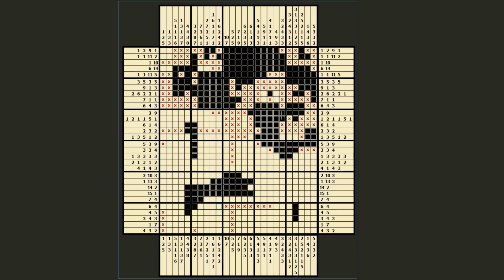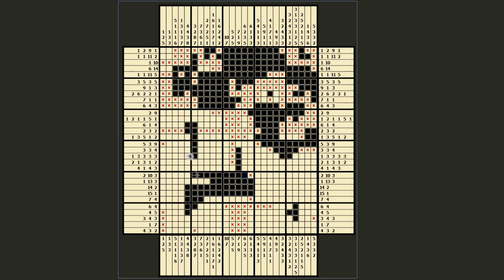I think. I'm not really sure what to do with it right now. There's a 5. Mark that off. This is the 9. Nothing here. This is the 5. Nothing here. This has to be a 3.